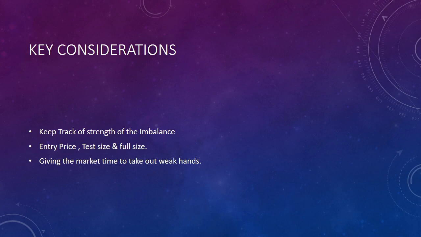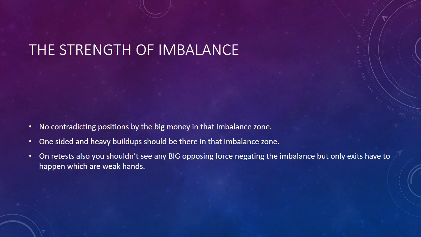Going into these three considerations in detail, the first thing we want to discuss is how you track the strength of the imbalance. As you already know, an imbalance is nothing but a single print or the range extension. We evaluate the strength of that imbalance through the demand and supply forces.